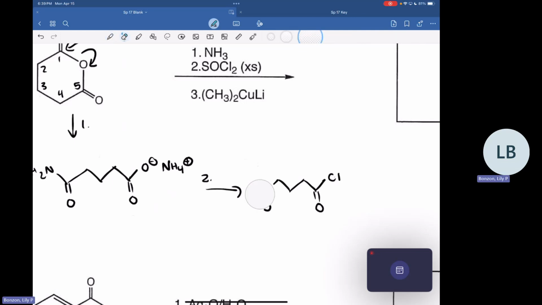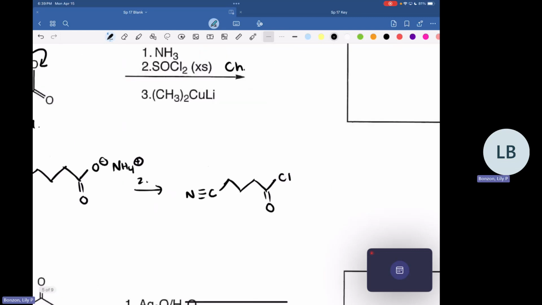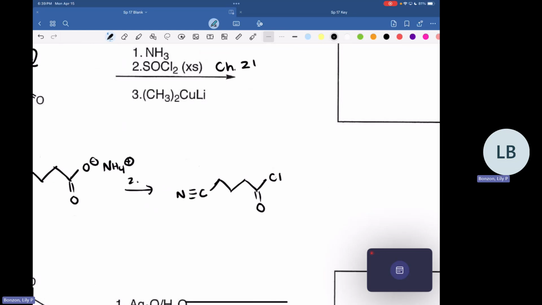So it actually turns the carbonyl amide into a nitrile. And this one is in your derivatives chapter, chapter 21, if you want to go look at that one.